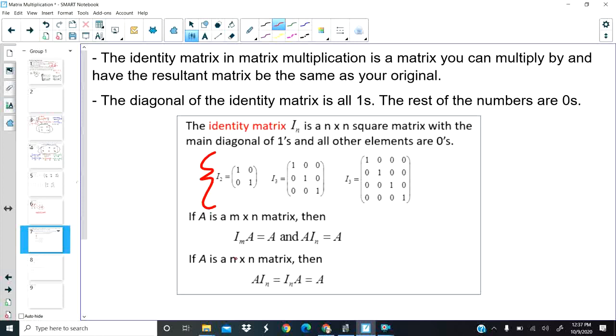And if you're multiplying the original times the identity, then it needs to have the same number of columns as the original. So that's another situation where we were talking about matrix multiplication not being commutative. You just have to be sure that you have the correct number of rows and columns in your identity. And the identity matrix is also always going to be a square matrix, no matter what.